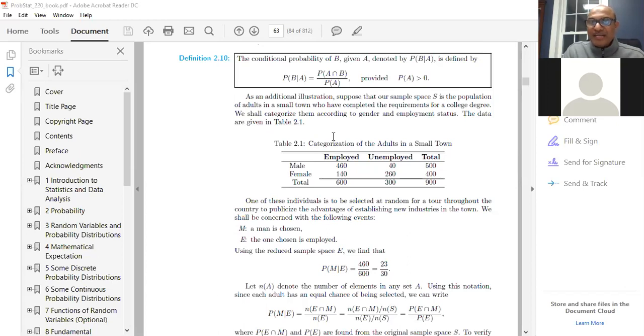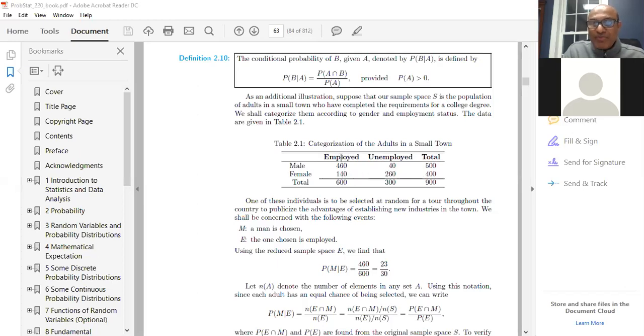And we shall categorize them according to their employment status. That means male and female are there. How many males are there in the town? 500. How many females are there? 400 females. Out of these 500 males, 460 are employed and 40 are unemployed. Females: 140 are employed and 260 are unemployed. So the total number of male and female in the town is 900.